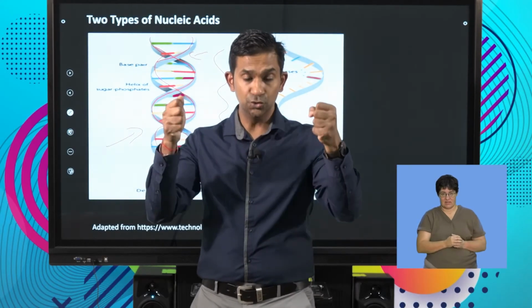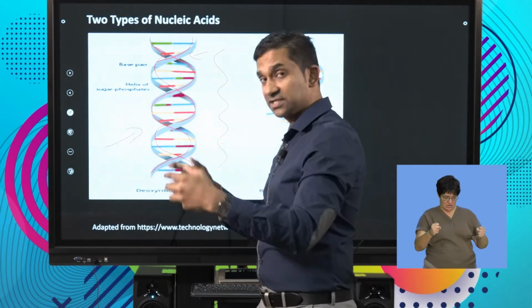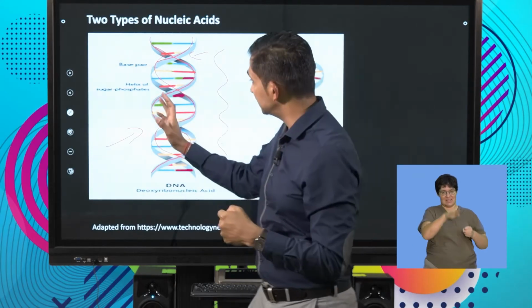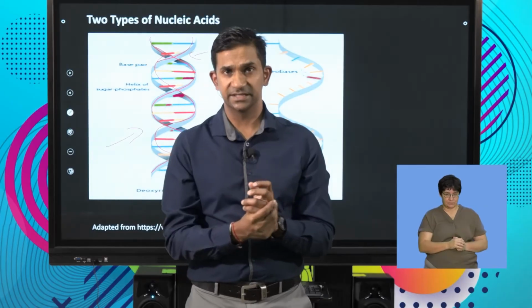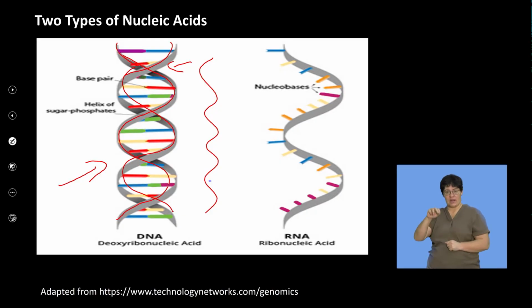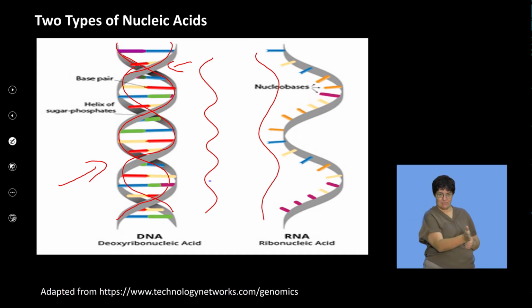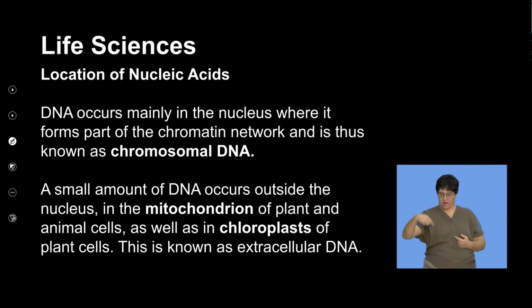So you've got two sets of struts that you can hold onto, and that is what the DNA molecule is indicated as. If we compare that to RNA, RNA is a single-stranded molecule. It can be twisted, but it is not helical. And so we will discuss the structure of both in detail in a little while.